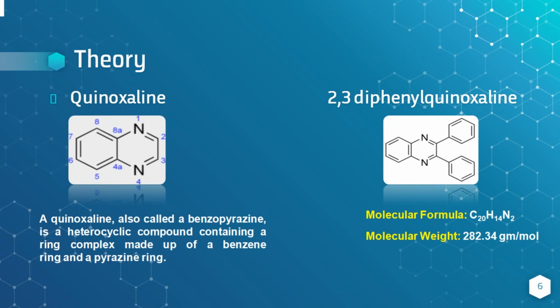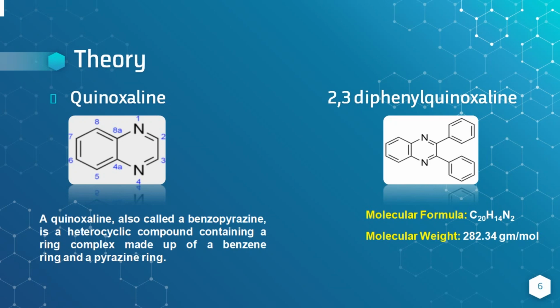It is a heterocyclic compound containing a ring complex made up of a benzene ring and a pyrazine ring. So you can see it is made by fusion of two rings. First is the benzene ring and second is the pyrazine ring, that is the ring containing two nitrogens at first and fourth position. So quinoxaline is also known as benzopyrazine.